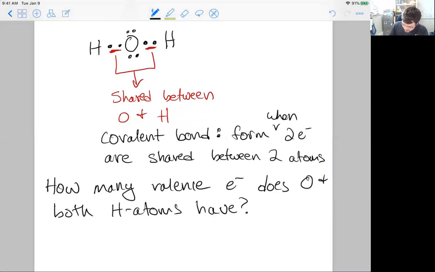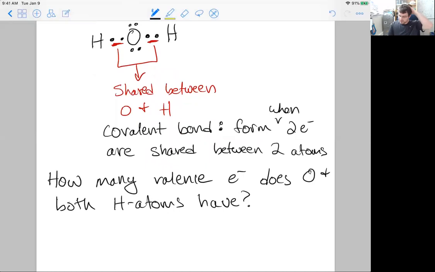Well, because the electrons are shared between each element, the electrons are now part of both valence electron counts. So if we look at the oxygen, it now has 2 of the electrons that were originally part of its valence shell that were paired up, and then the 4 electrons that were part of its valence shell, along with the other 2, but those other 2 are now shared between the oxygen.